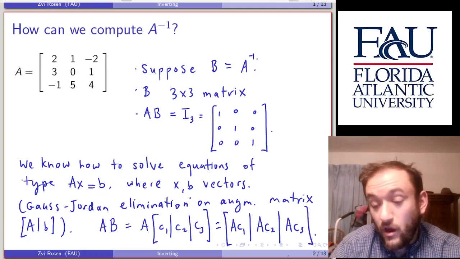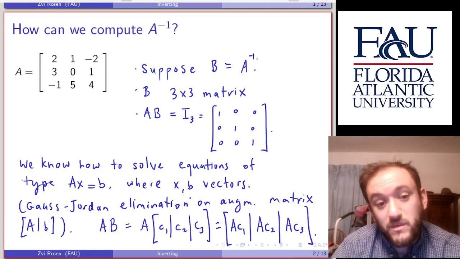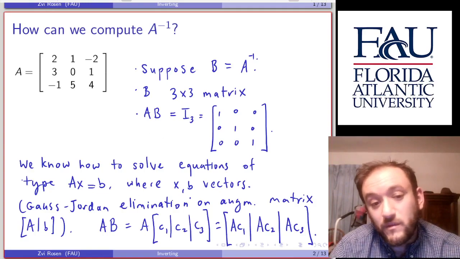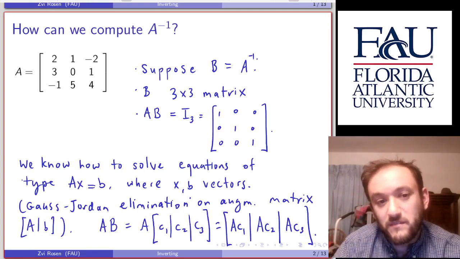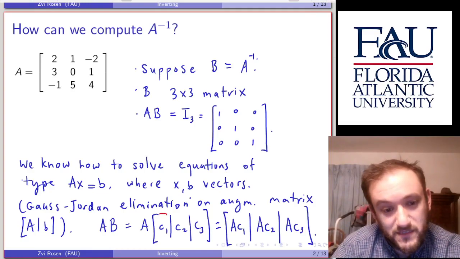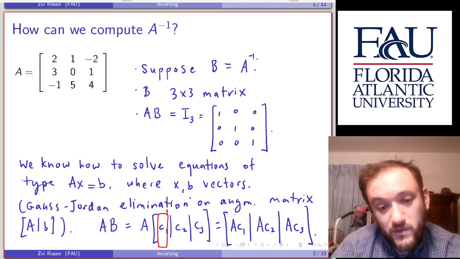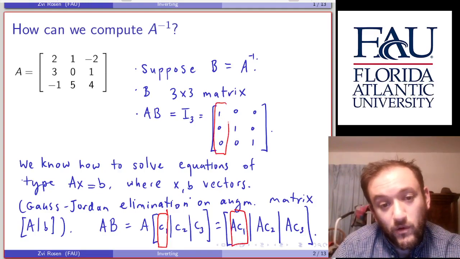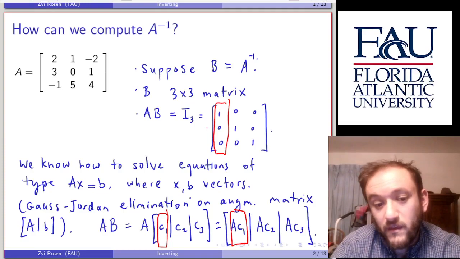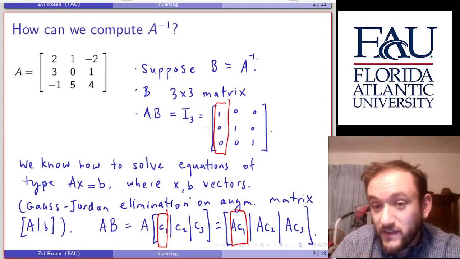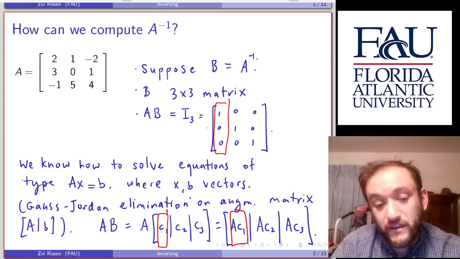And so in our equation, AB equals I3, really we can focus in on that first column. And what we would have is A times C1 will be equal to 1, 0, 0. And solving that equation using Gauss-Jordan elimination on the augmented matrix will give us the first column of our inverse matrix.